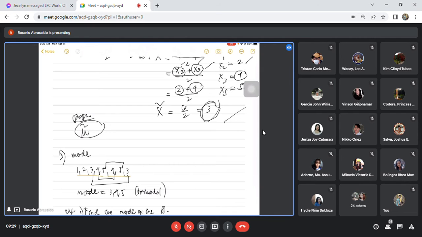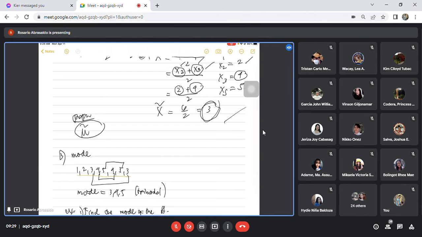If there is no data that occurs more than once, ug walay number or data nga gabalik-balik og more than once, then the data does not exist. So wala siya mode and does not have a mode. Wala siya mode kung wala ni appear twice, puro ra once.